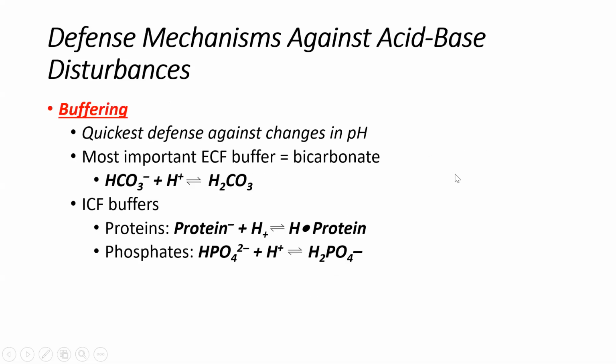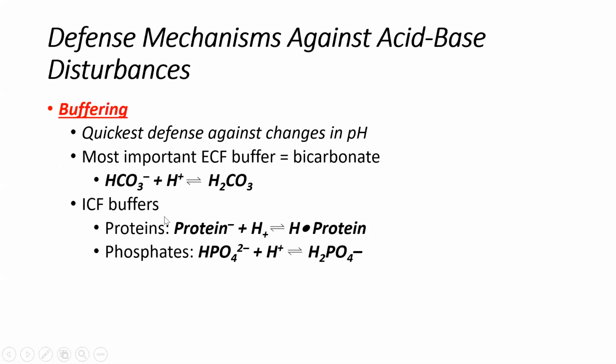Okay, so this is pretty much a bit of repetition from what we talked about before, but we're talking about some of the main buffers. In our extracellular fluid, the main buffer is bicarbonate. I talked about hemoglobin being one, but bicarb is probably the more important buffer in terms of our extracellular fluid. It is going to bind up some of this excess hydrogen ions and buffer pH changes in the extracellular fluid.